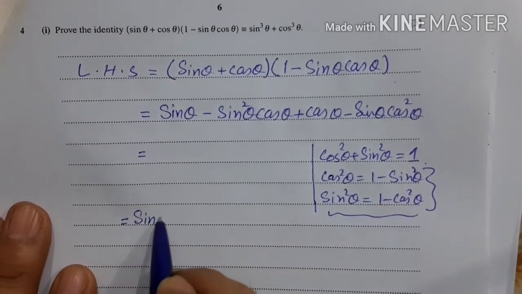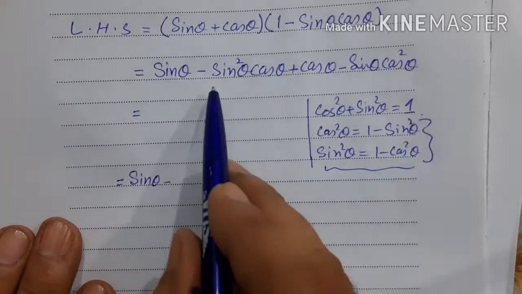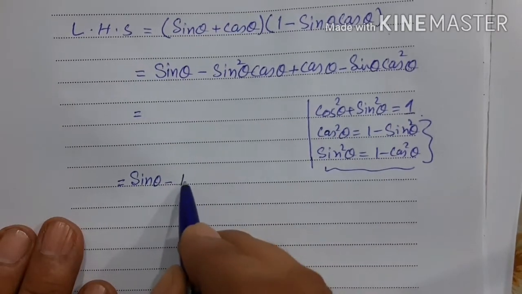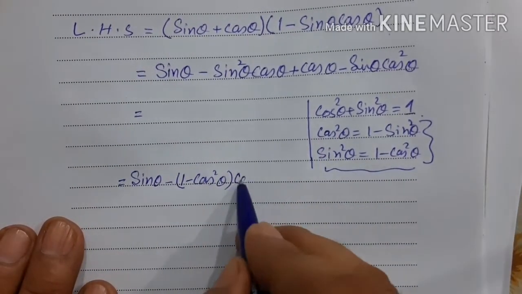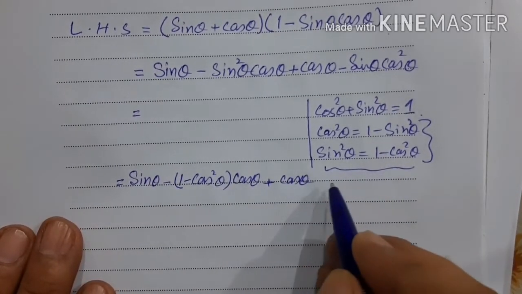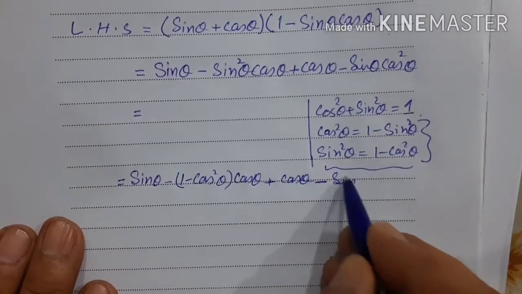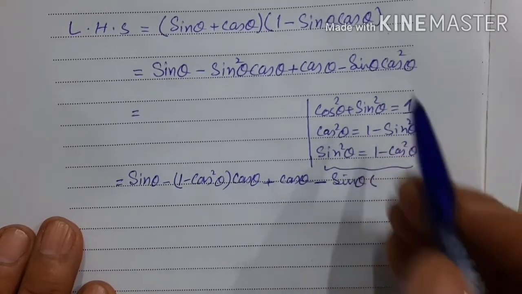So this will become sine theta minus, instead of sine square theta I'll write 1 minus cos square theta into cos theta, plus cos theta minus, I will write sine theta into 1 minus sine square theta instead of cos square theta.